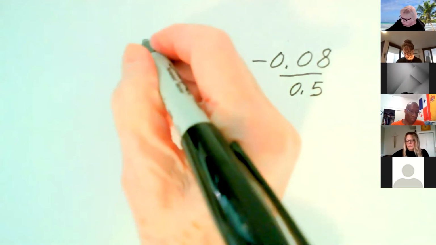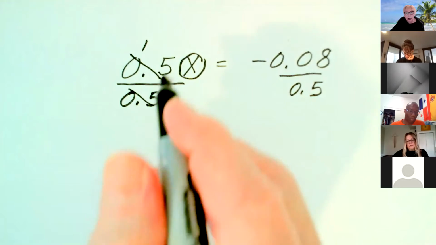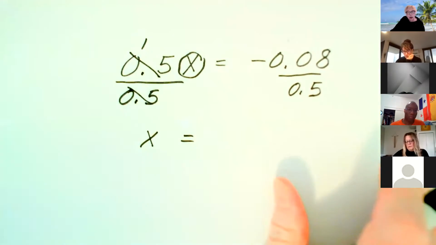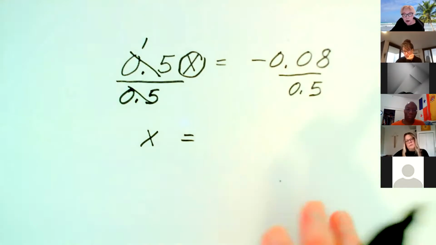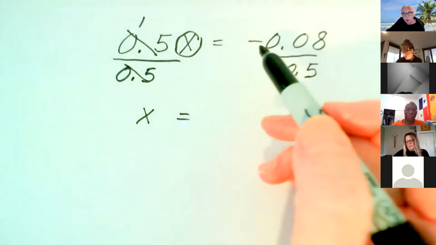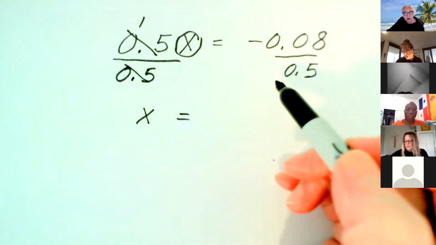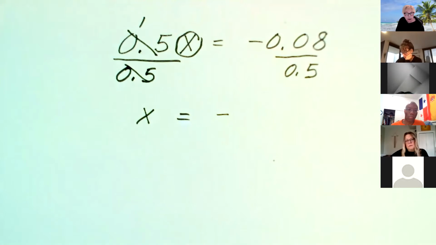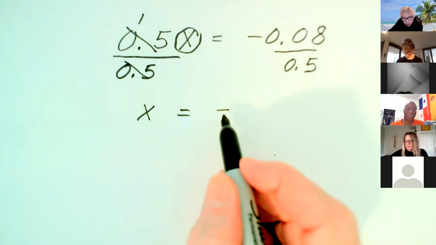These 2 will cancel down to 1, and 1x is just x. And then at this point in time, you would have to divide this out using some long division. The 1 negative and the 1 positive in division will make the answer negative. And so I don't have to worry about that. I just need to remember it's negative.